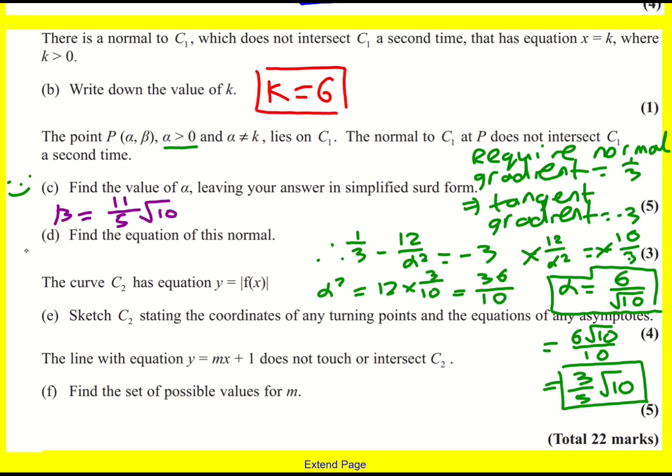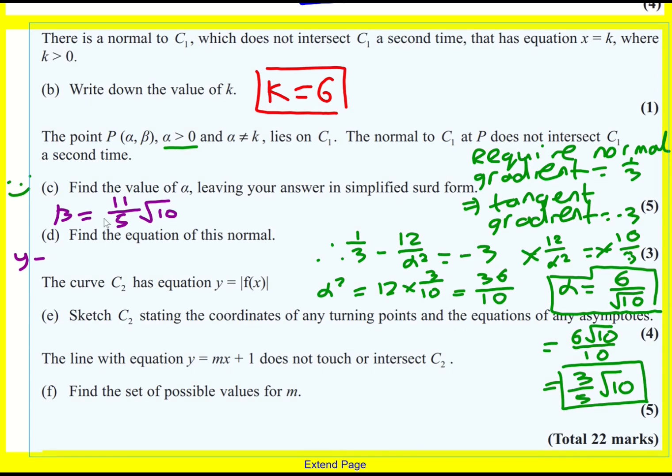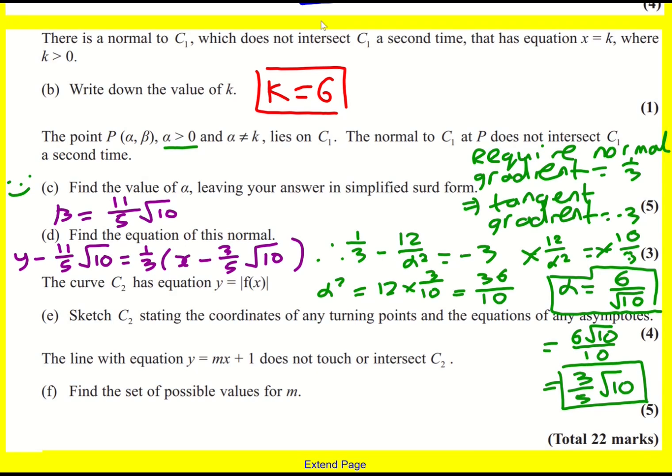So for the normal, we have the gradient. Remember, it's a third. So we can write down y minus y1 equals m times x minus x1. So in this case, y minus 11 over 5 root 10 equals a third x minus 3 over 5 root 10. Wait, that's my x value. Sorry. And let's simplify this.